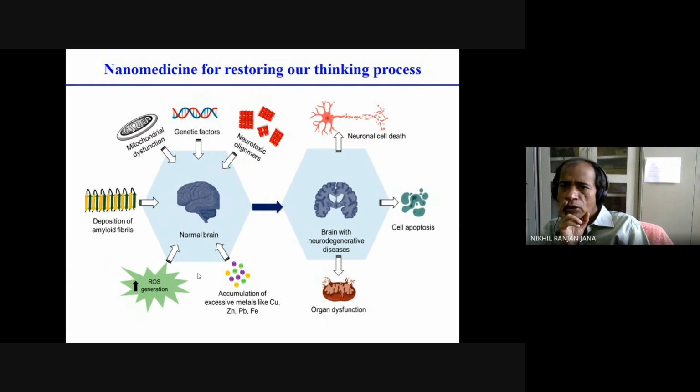And there are a lot of issues designing nanomedicines for restoring our thinking process. We may or may not know that almost all of us have issues with our thinking process. This is more linked to social issues. Everybody has social issues, like problems of teaching our children, problems of getting jobs, many social problems, personal and family problems.